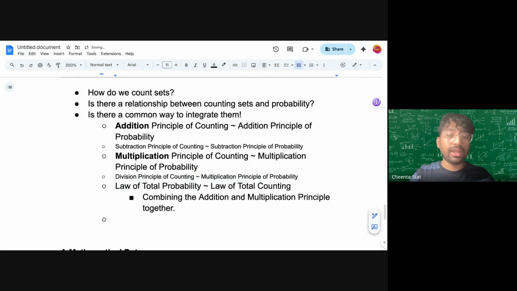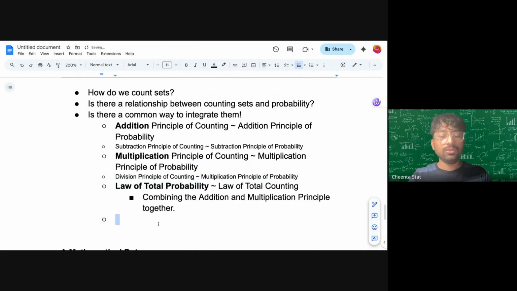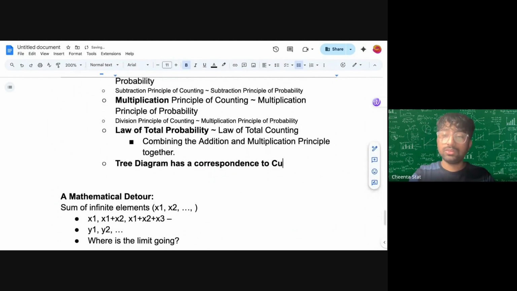And there's a very beautiful diagram. This law is equivalent to, you can actually build this law, all this tree diagram is nothing but this law. And this tree diagram has a correspondence to circuits.